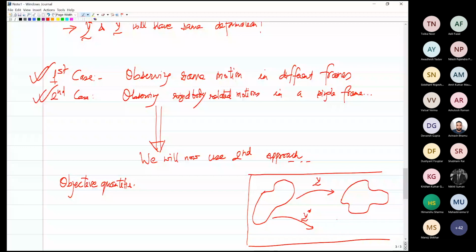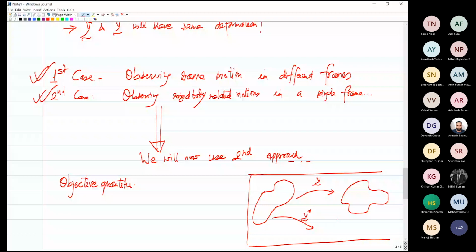They are related through rigid body motion. Okay.